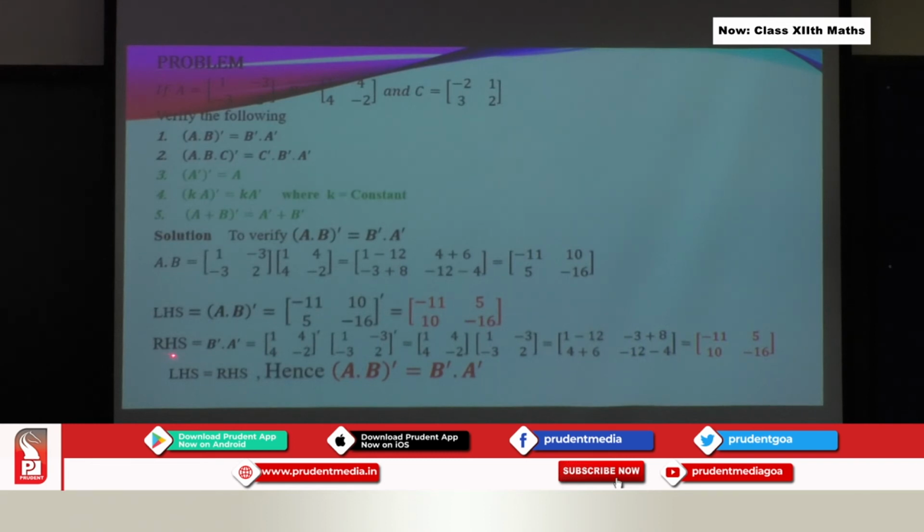I am talking about RHS now. RHS is B dash, or you can say B transpose into A transpose. So I take my matrix B here, I take my matrix A here, and I will take the transpose of each matrix separately.